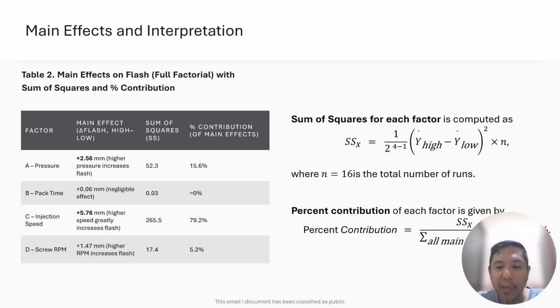Screw RPM, or D, was at 1.47 millimeters, a smaller effect but still positive. Pack time was effectively zero or negligible. Changing holding time from 1 second to 5 seconds did not change flash. All right. So initially it looks like injection speed is the biggest contributor, followed by pressure, then screw speed, and pack time doesn't matter at all.